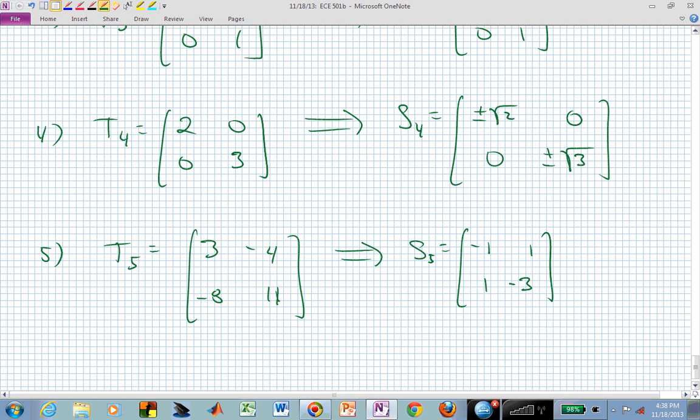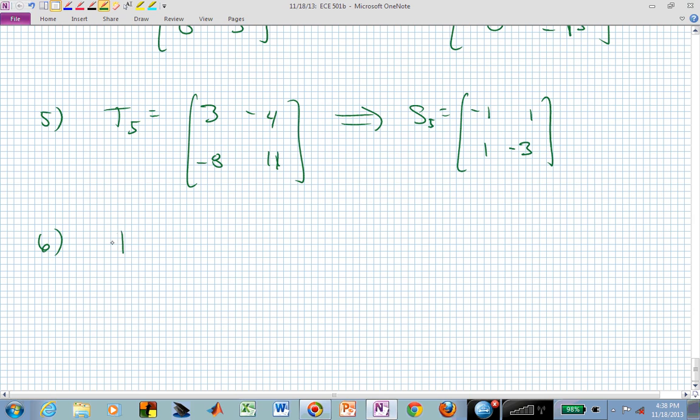But I can also find a different square root for that. I could say, maybe I start with the same result, which is 3, minus 4, minus 8 and 11. And I now end up with S6 being 1, minus 1, minus 2, 3.